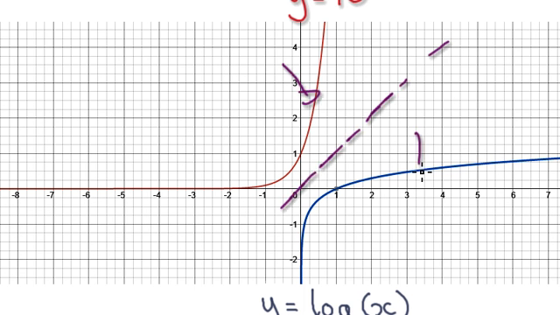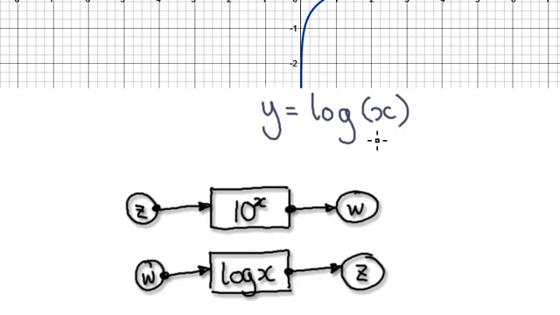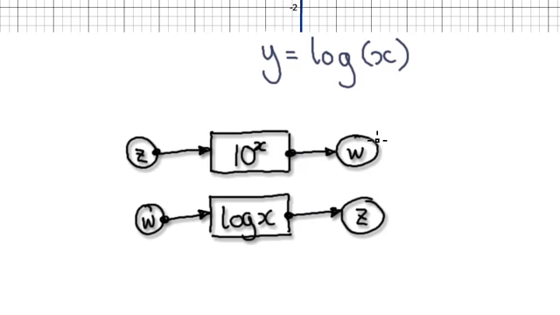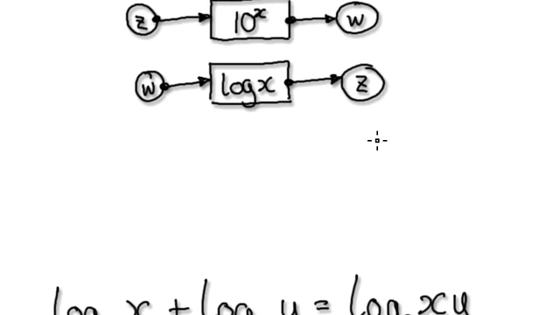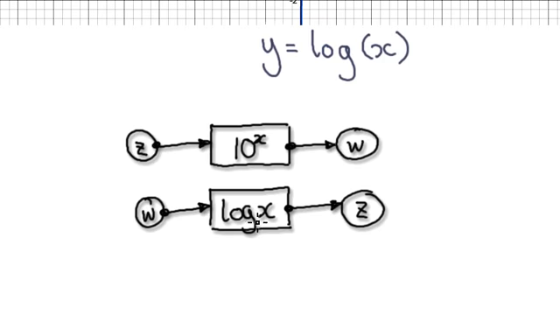This here is a reflection of this, and this here is a reflection of this along the y equals x line. So they're the inverse of each other. And don't forget, when you write log x, you automatically default it to base 10.